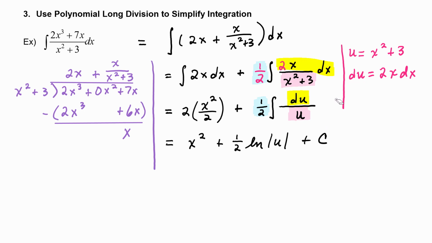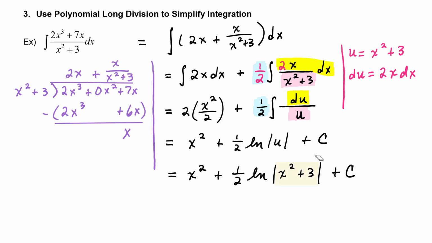Because this was an indefinite integral, we have to go back to the x variable. So now we have this is equal to x squared plus 1/2 of the natural log of the absolute value of x squared plus 3 plus c. Now this is not quite in simplest form yet.